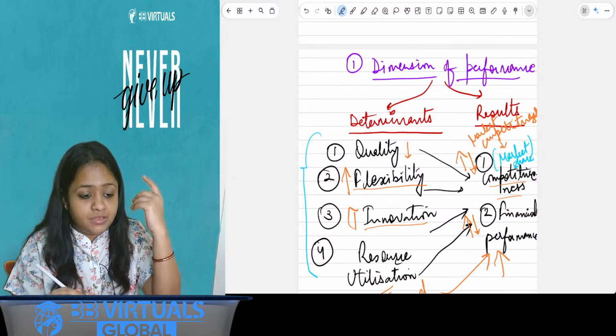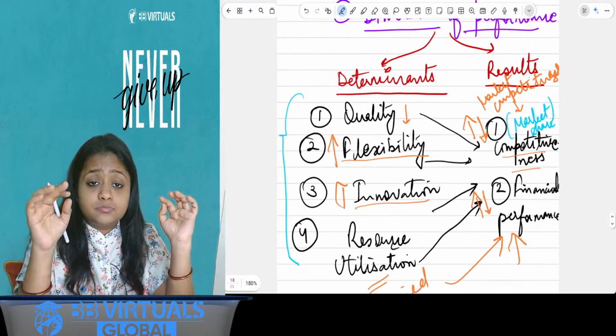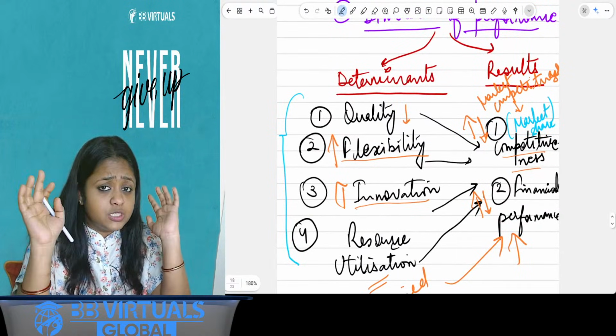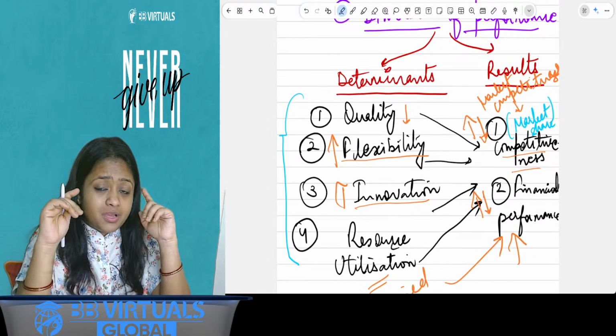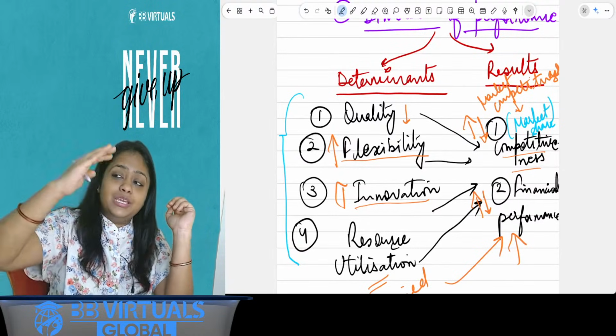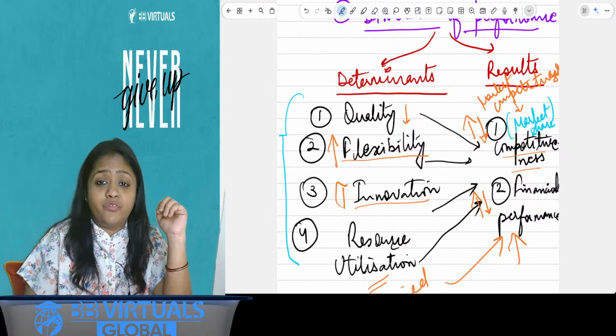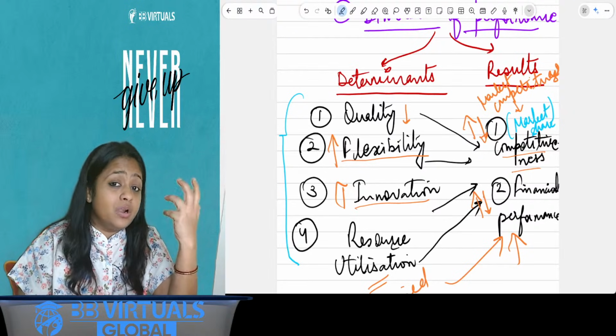For example, the first one is quality. Here we see the quality of the services provided. Then the next one is flexibility: with the change in customer needs, technology and environment, is the business able to adapt itself?